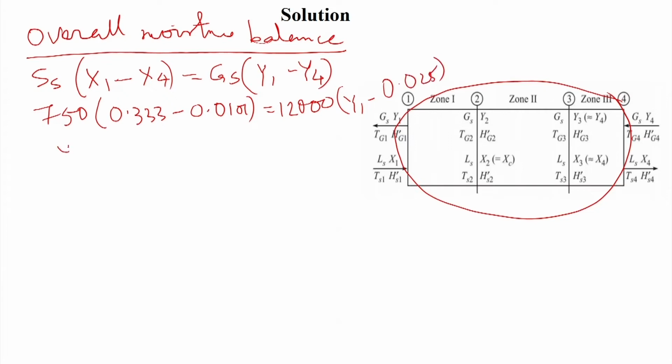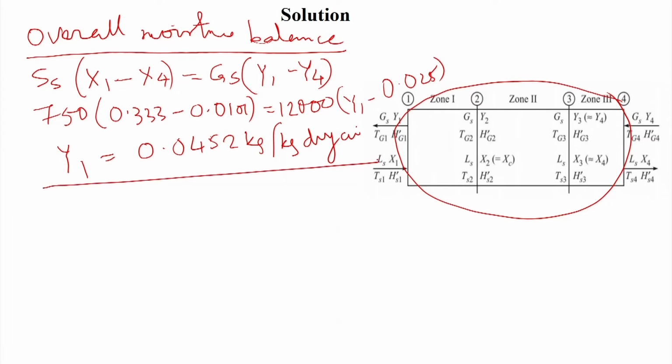From here we get y 1 equal to 0.0452 kg per kg dry air. So, this is the moisture content of the drying air leaving the dryer.